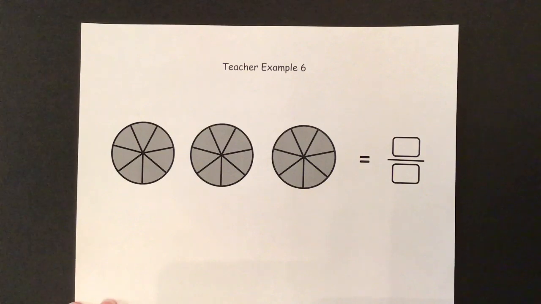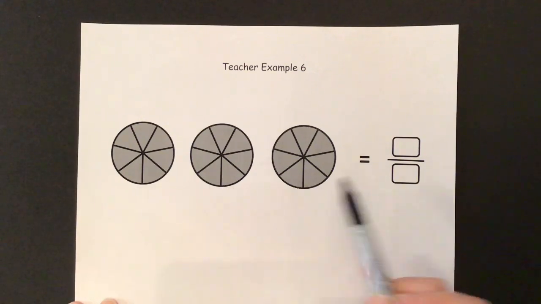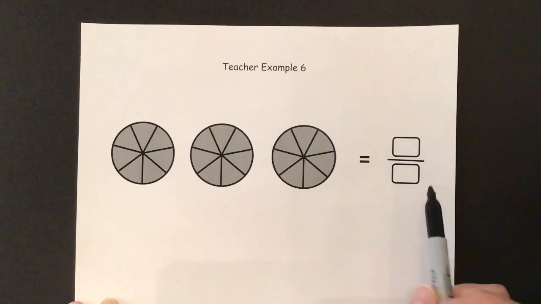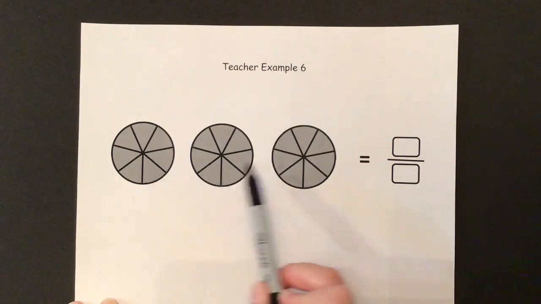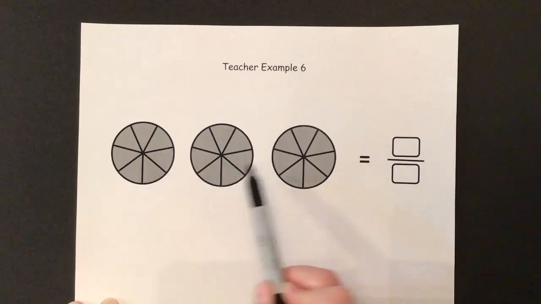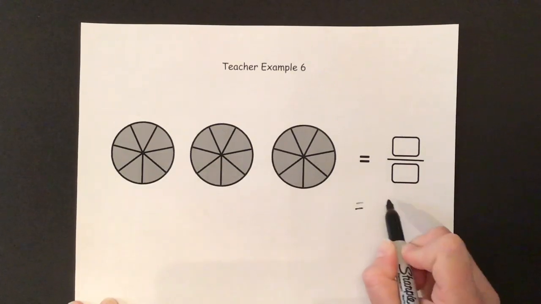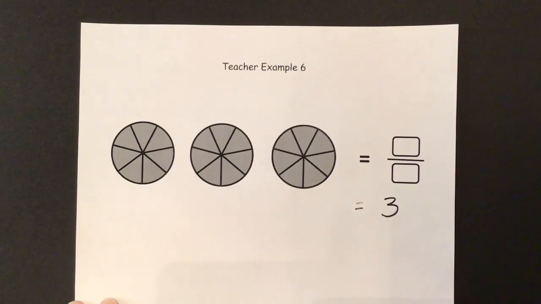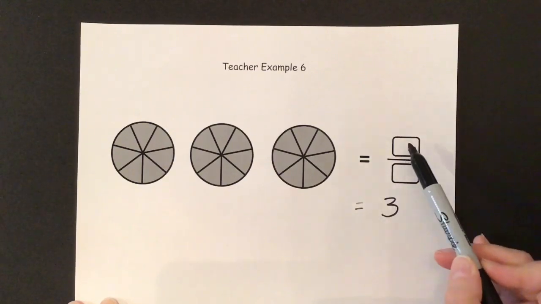Our last example, sometimes you'll see the wholes and there won't be any extra pieces. And so when we see something like this, it's very easy to see that there's 1, 2, 3 wholes. So that could be our answer. Today we're practicing how to write the improper fraction amount.